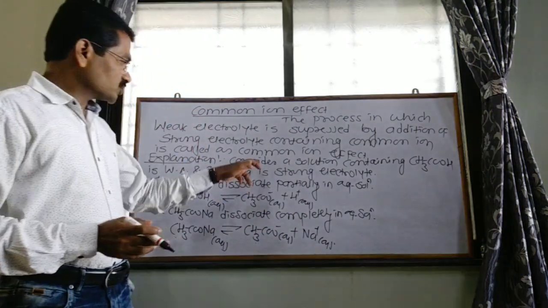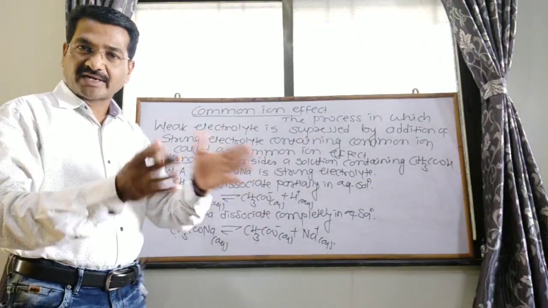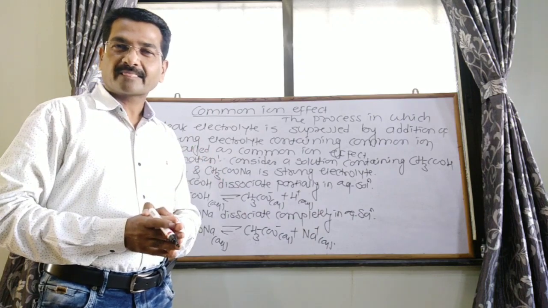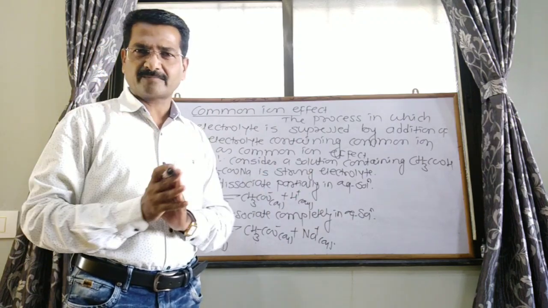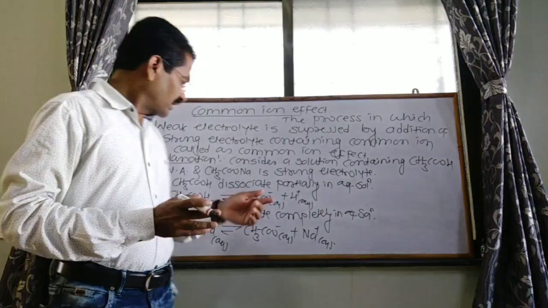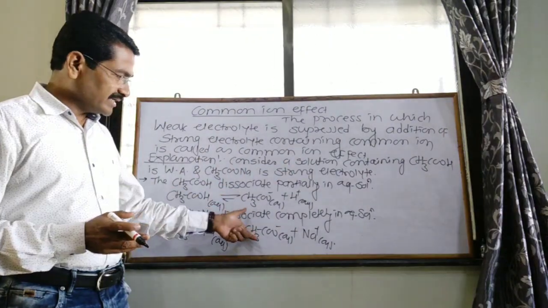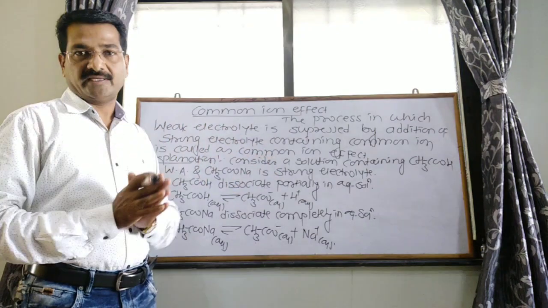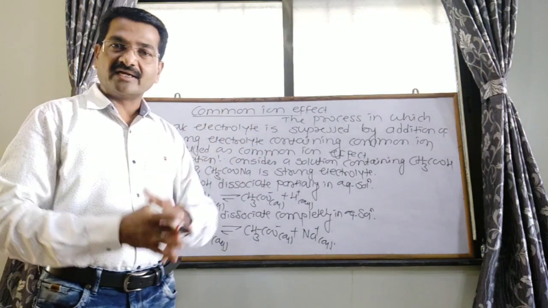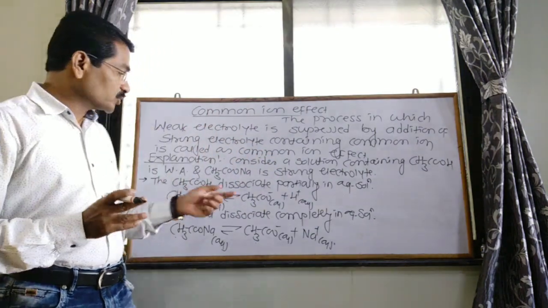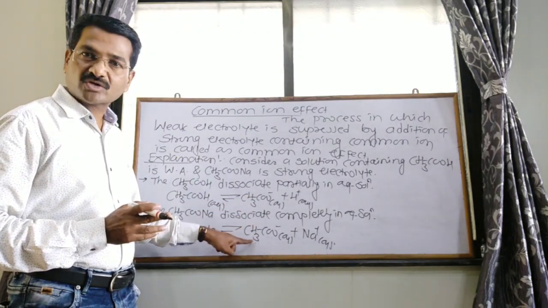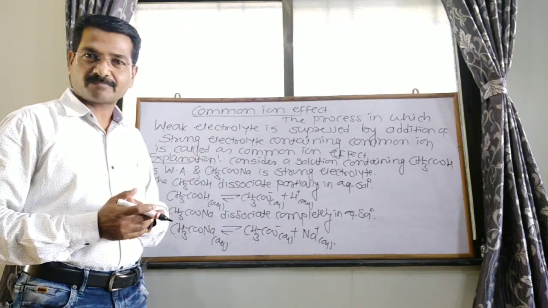The solution contains both electrolytes, acetic acid and sodium acetate, which dissociate, but the acetic acid dissociates partially and sodium acetate dissociates completely. Both give the common ion, that is, acetate ions.